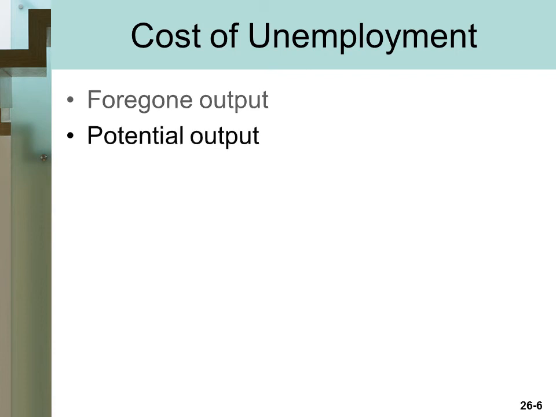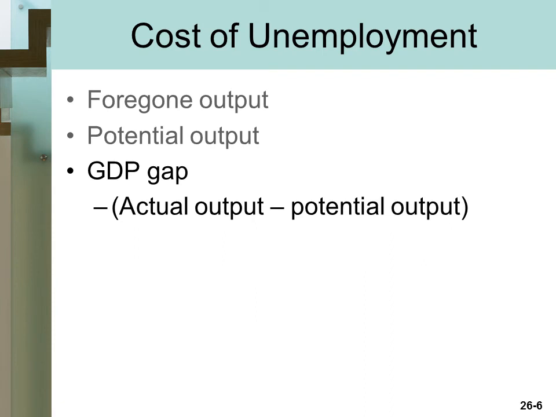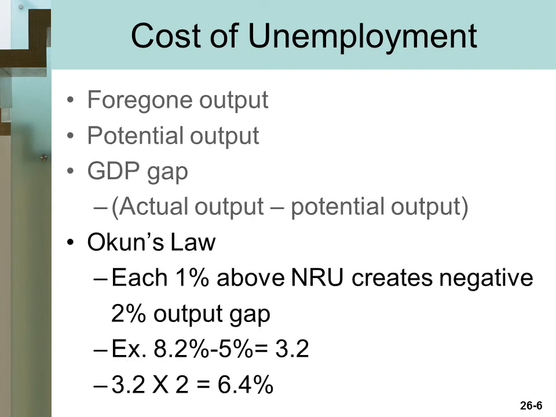So how do we know what our potential output is? We're not reaching our potential output. Is there any way we can mathematically calculate the actual cost of unemployment if we know the unemployment rate? Well, there was an economist who came up with an idea called the GDP gap, and his name was Okun, so it's Okun's law.